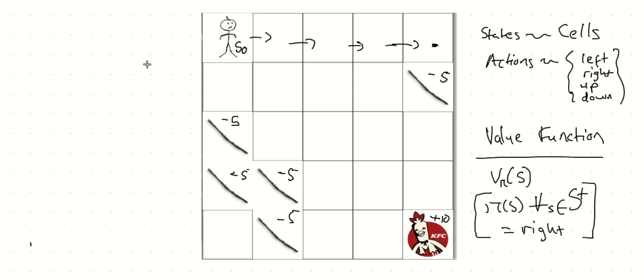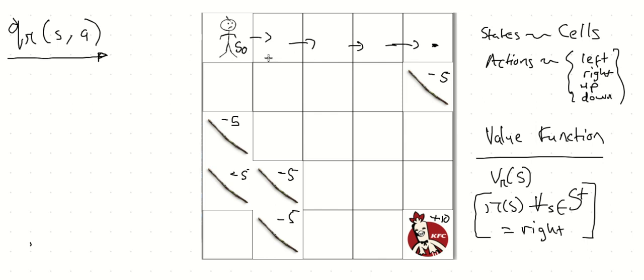Now, in order to improve the policy, I'll have to introduce a certain notation that is used widely in reinforcement learning, and that is the use of Q values, which is denoted in this format. So you've got Q pi of S comma A. So what is this? What does this actually mean, right? What is Q pi of S comma A? Well, we spoke about what the value function is, but the Q function actually helps us know the value of a state and action pair, right?